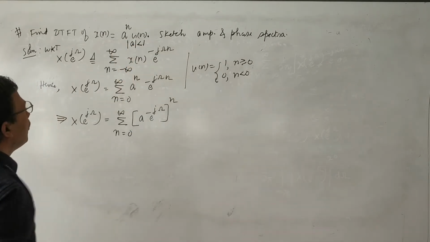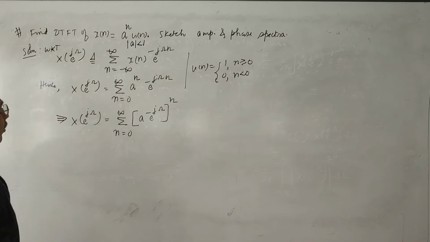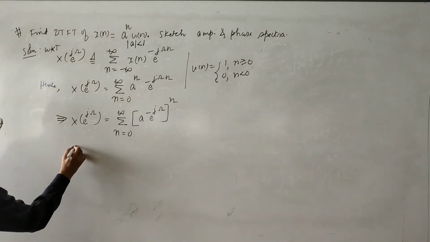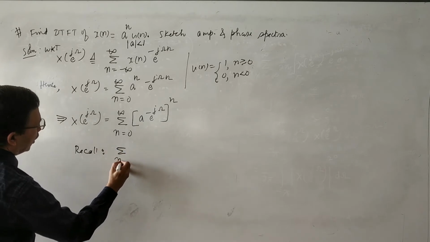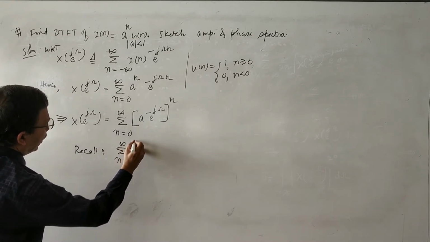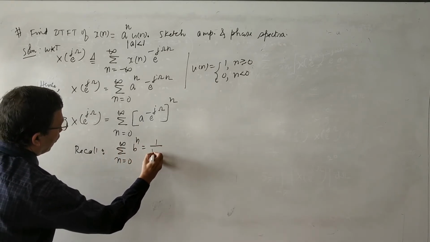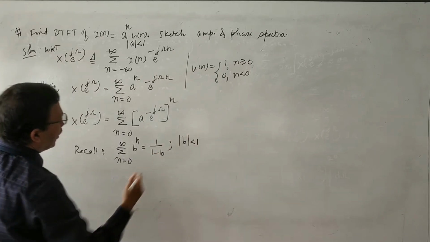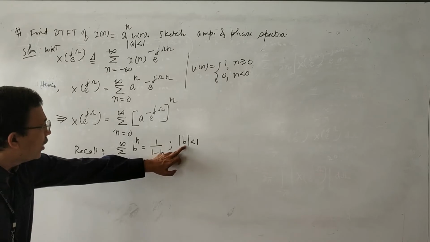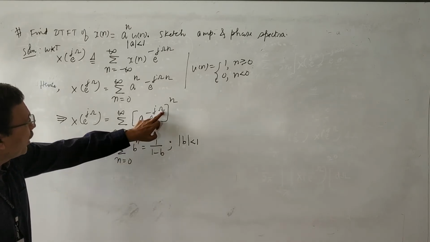This condition is important. Why is that condition important? Now you will understand. Recall summation n equal to 0 to infinity b to the power n is equal to 1 over 1 minus b, provided mod b is less than 1. Here what is b? B is a into e power minus j omega.